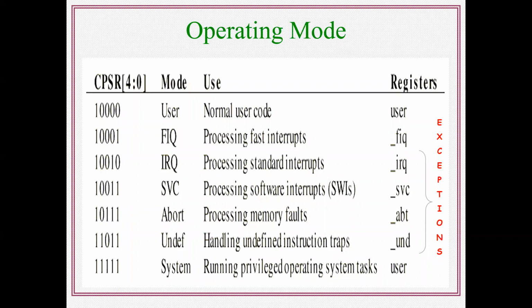These are the operating modes: user, FIQ, IRQ, SVC, abort, undefined, system. So one with 4 zeros selects user mode, the normal user mode. And 10001 is FIQ, fast interrupt request mode.